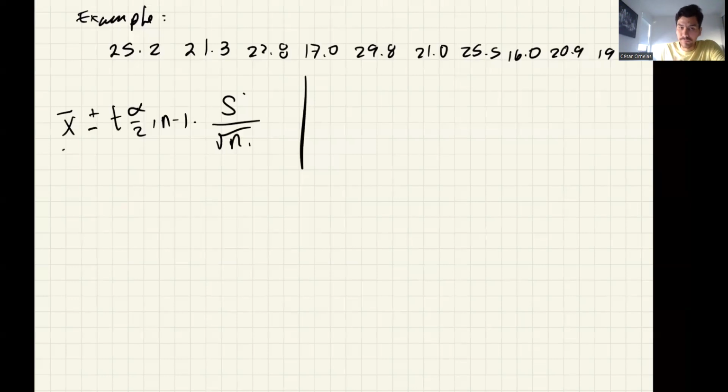We can calculate them, but to make it easier, I have them right here. The mean of the population is 21.9. As we know from previous lectures, the mean of the population is not a value we can use to understand what is going on with the sample.